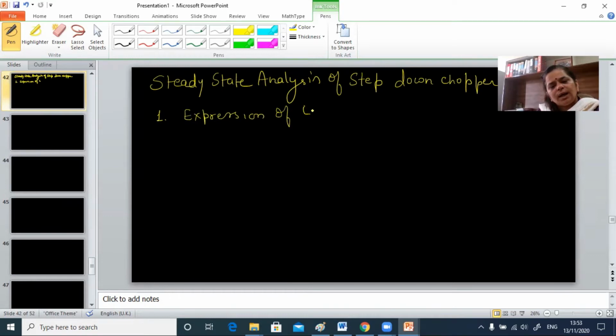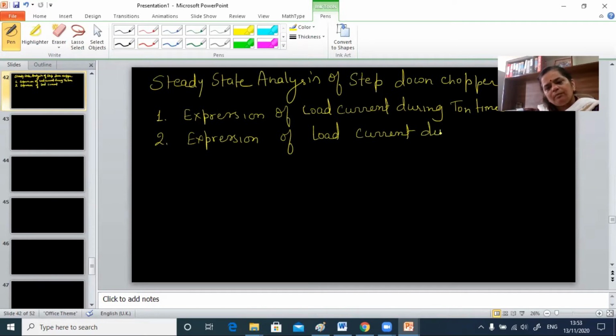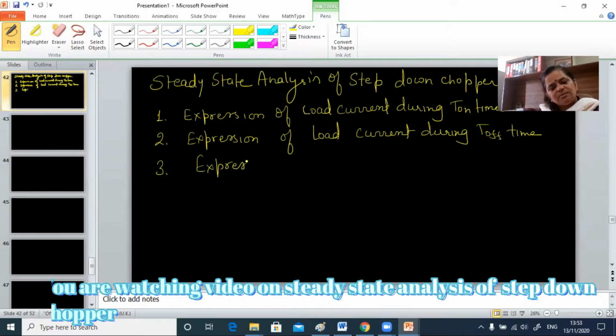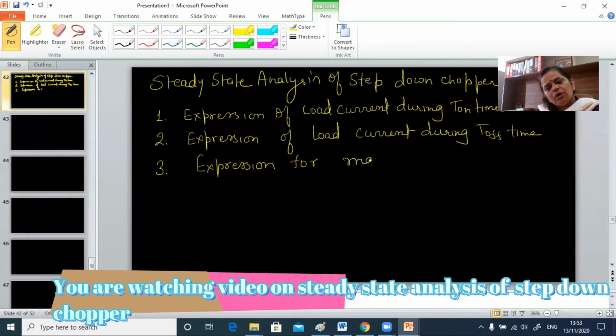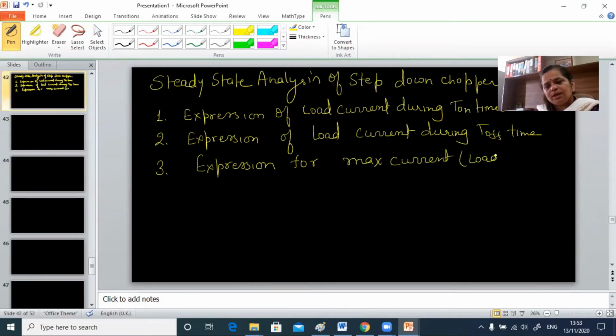load current during turn on time. The second thing, we are going to calculate the expression of current during off time. The third important thing which I am going to calculate, the expression for maximum current, that is load current magnitude.